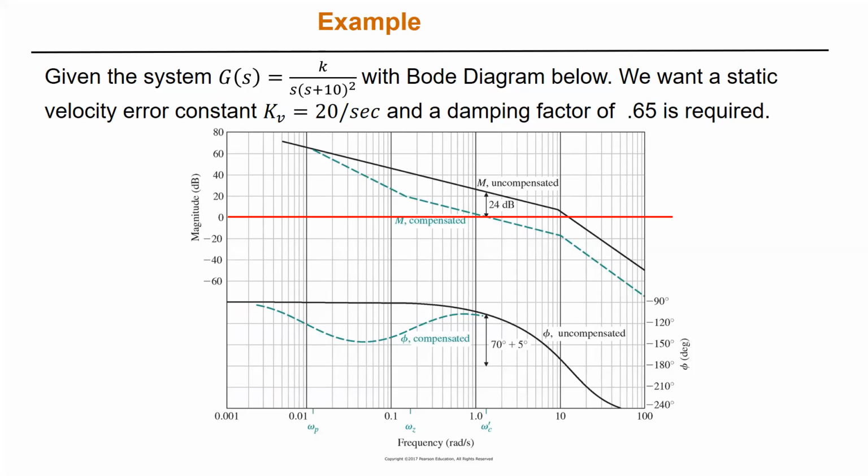Yes. Basically, to find Kv, the limit as s goes to 0 of Gc times G of s, which is equal to, at s equals 0, K alpha, the compensator K1, and K, over 100.